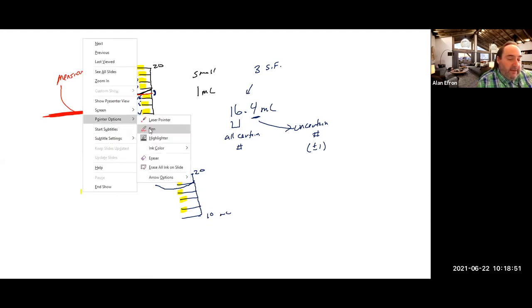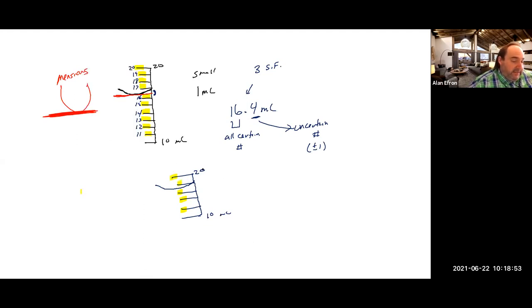That's 5 markings, but our overall difference is still 10, which means in this case, each marking is actually 2 milliliters. This would be 12, this would be 14, this would be 16, that would be 18, and that would be 20.